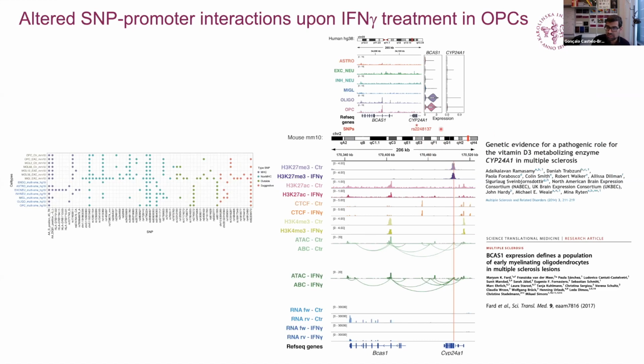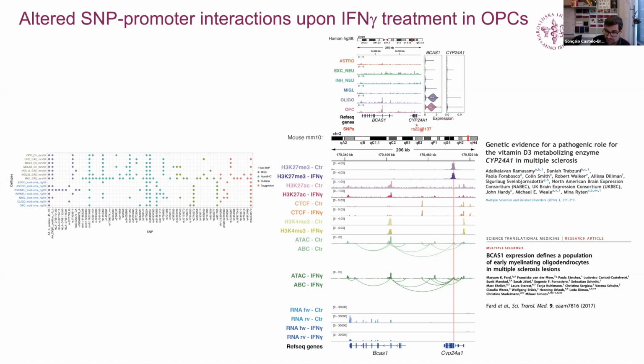This is the gene CYP24A1, which codes for a protein involved in vitamin D metabolism, and a SNP in this locus has been associated with multiple sclerosis susceptibility via vitamin D metabolism in neurons.